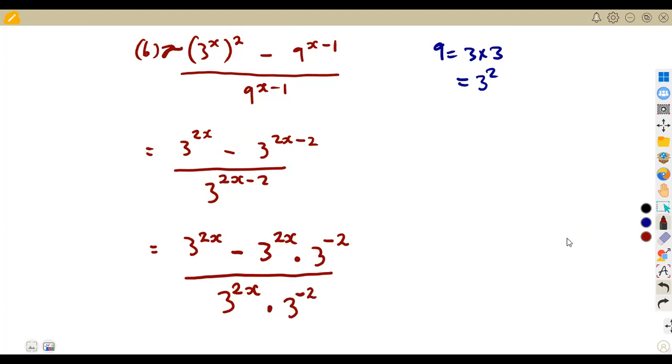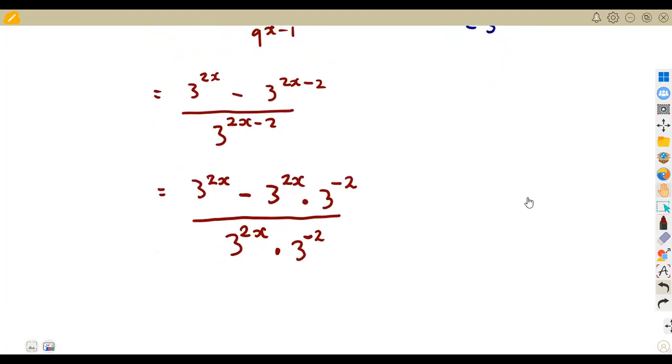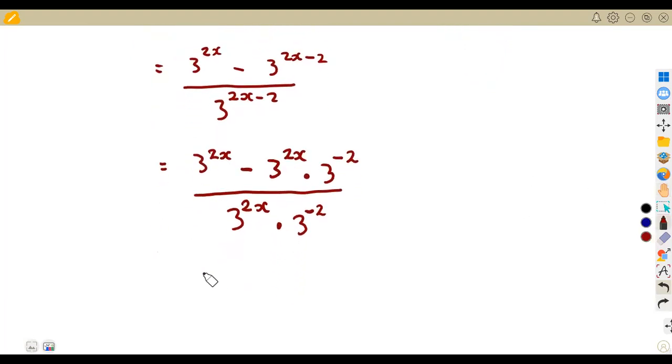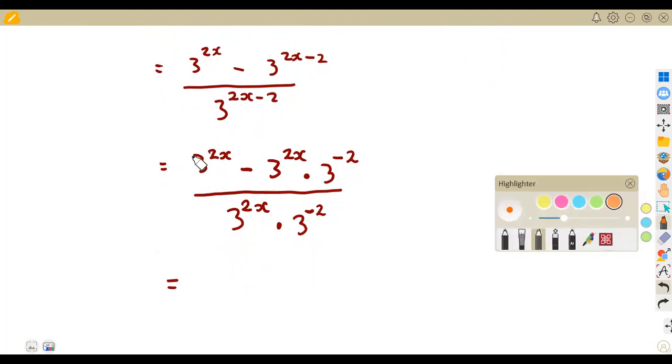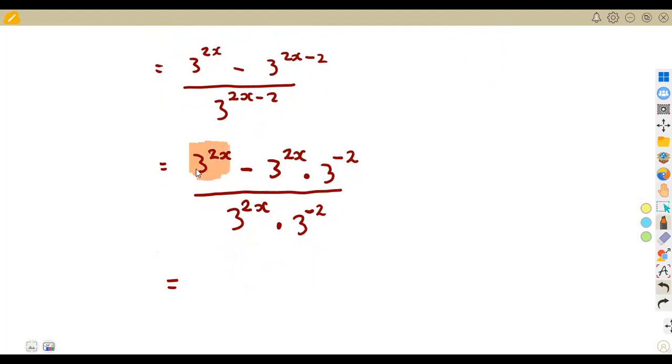If you do it that way, guys, you won't have a problem. Let me explain it this way. You can use your calculator so that you can properly see. Now in the numerator we have 3 to the exponent of 2x, which is the same as the 3 to the exponent of 2x that we have here.